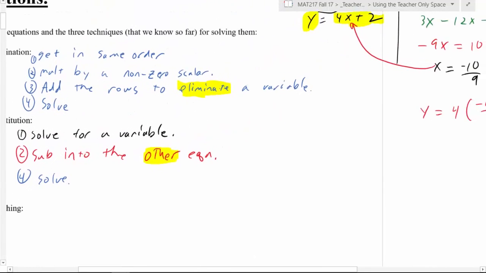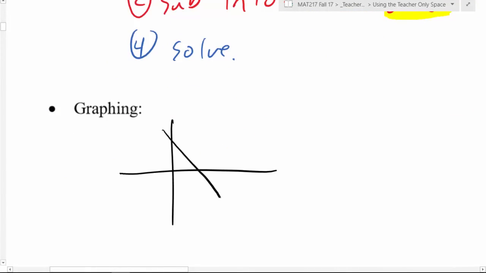Okay, so graphing, the idea here is what we've got going on is we have two linear equations, right? We have two linear equations. And what we are finding is the x and y value where they are intersecting. This x and this y works for both equations.